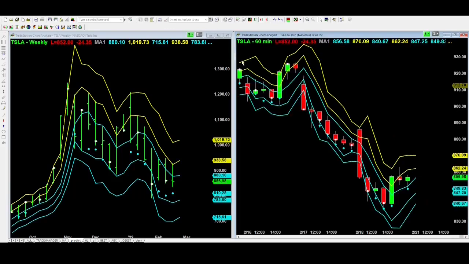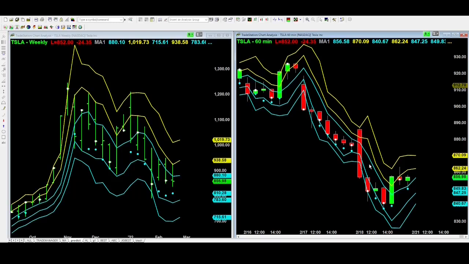So this is a 60 minutes chart, for last Friday for Tesla, and it opened very high for this 60 minutes, opened at this point, and it started to decrease.